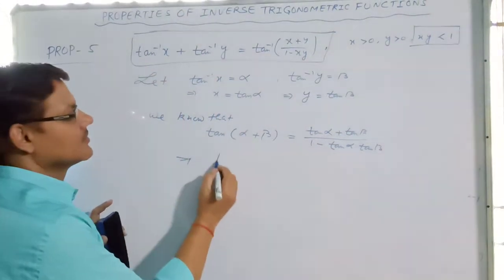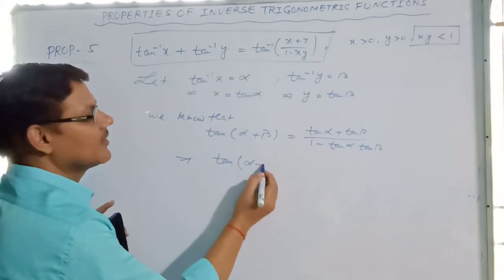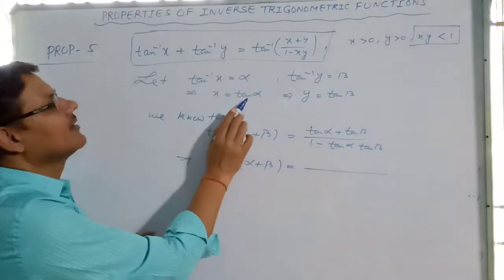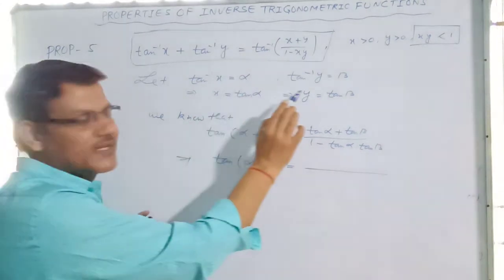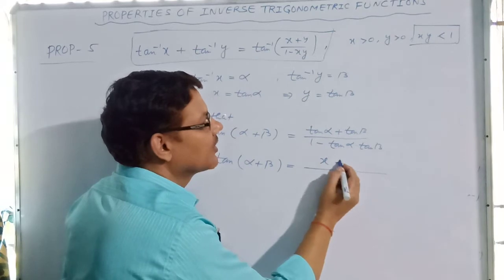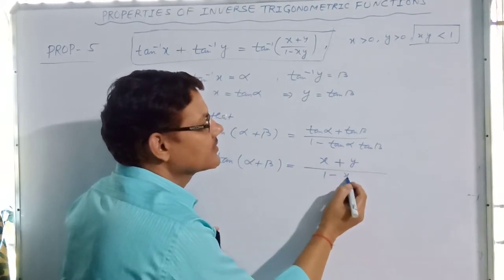It implies tan of (alpha plus beta) is equal to, now what is tan alpha? Tan alpha is x. What is tan beta? Tan beta is y. So put here (x plus y) by (1 minus xy).